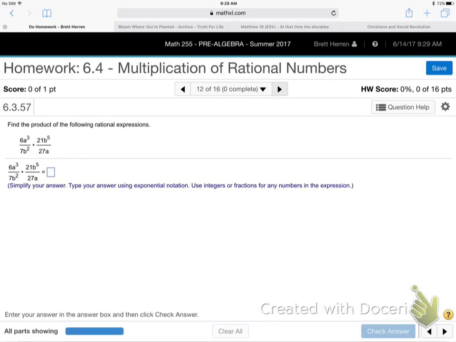Okay. So we have 6a to the 3rd over 7b squared times 21b to the 5th over 27a. All right, so start canceling the numbers and the powers for the letters. Cross canceling, cross reducing.